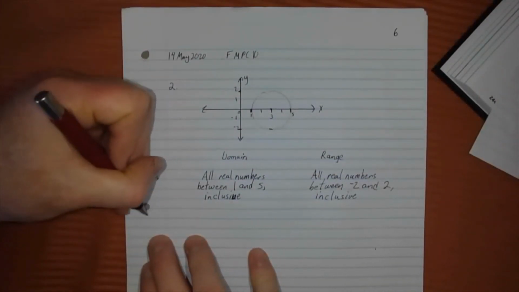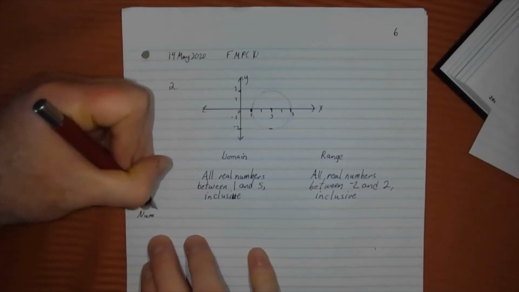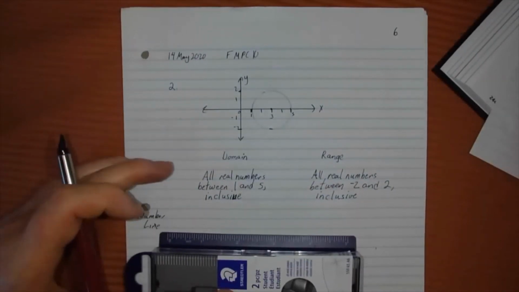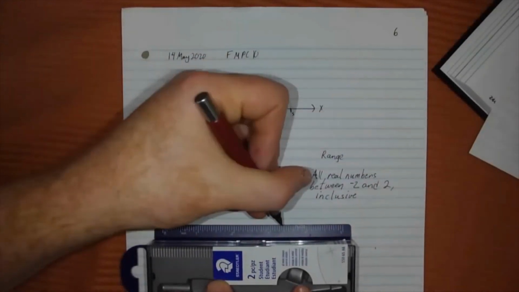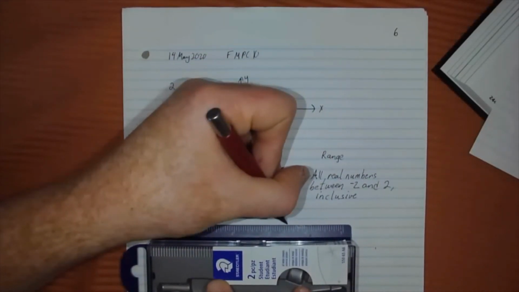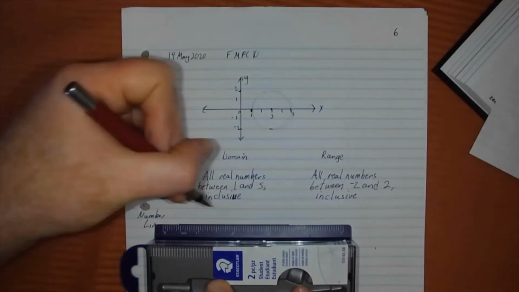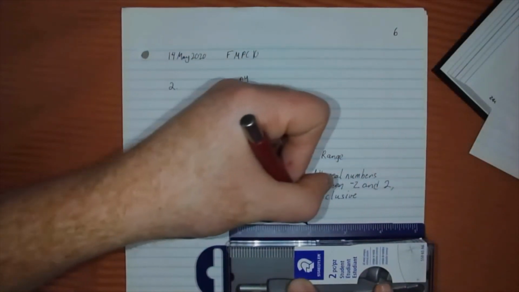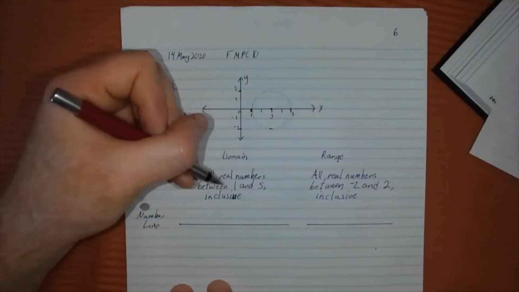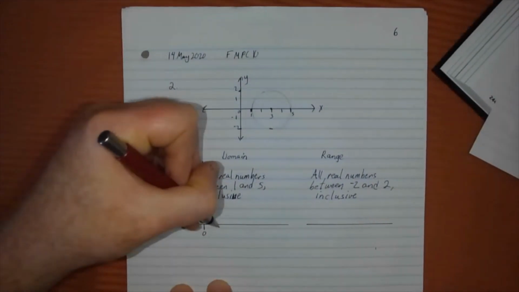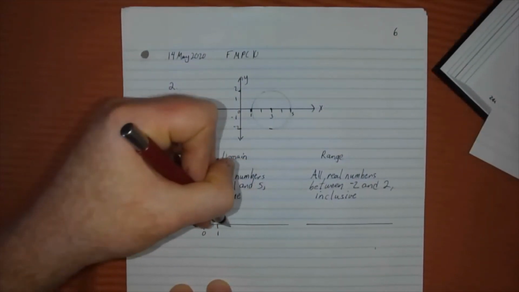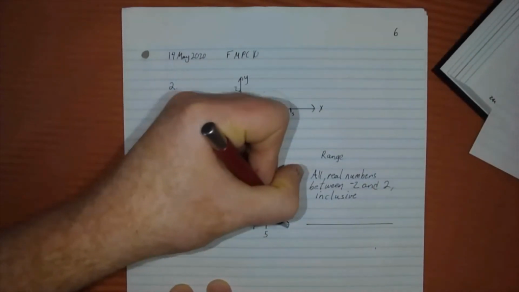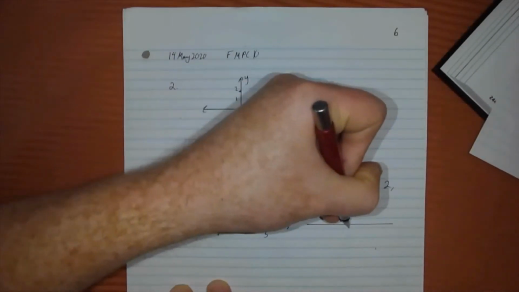All right, let's represent this with a number line. Straight edge, gonna lead me to the edge. I'm gonna put a 0 here, my 1 here, 2, 3, 4, 5 here. It's gonna continue that way in perpetuity.